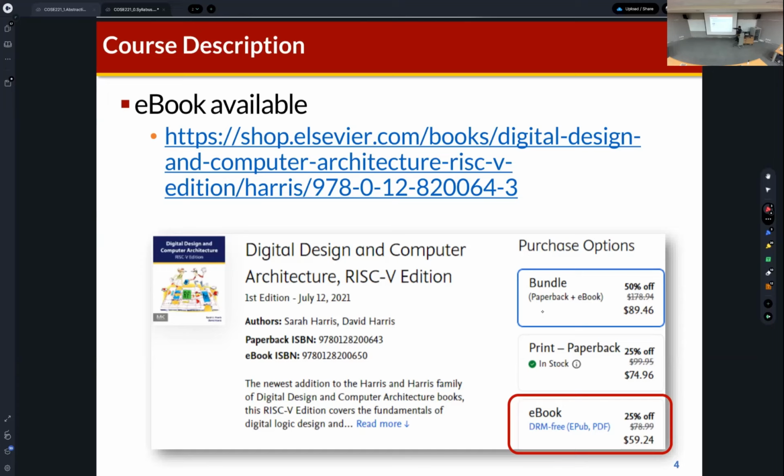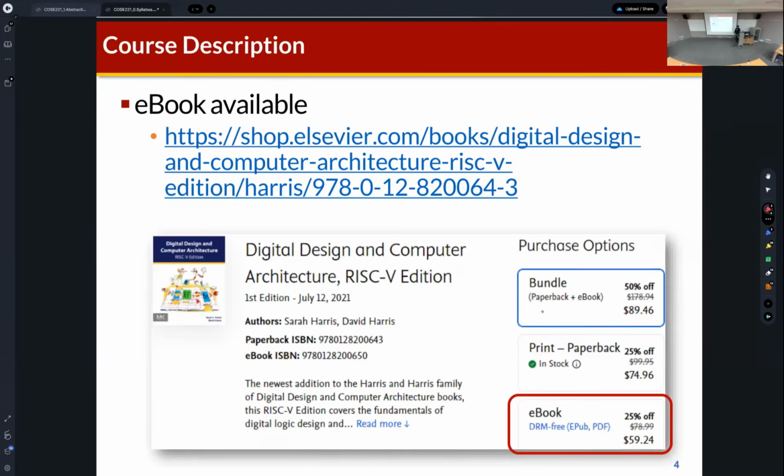Actually, you can purchase the ebook edition. I know the prices are rather high. If you want to purchase this book in Korea, like from yes24 or Kyobo, then I know the price is higher than 100,000 won.